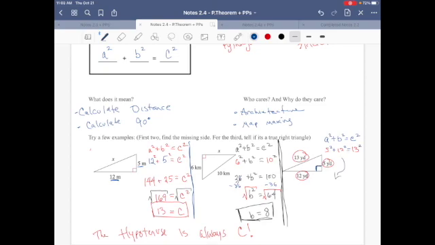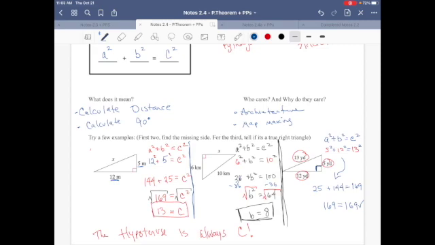We're going to see if we get a true statement. I'm going to finish this up down here. 5 to the second power is 25. 12 to the second power is 144. And 13 to the second power is 169. If this works, then I should get 169 equals 169. 144 plus 25 is 169. So this is a right triangle.